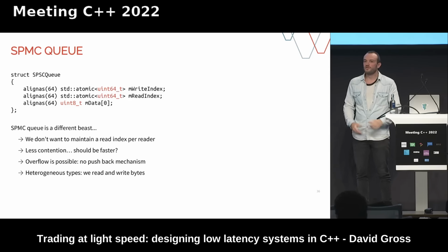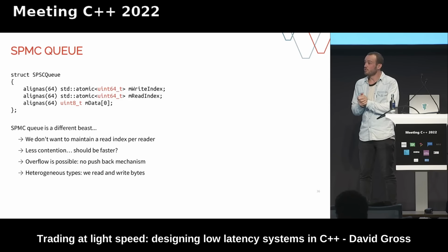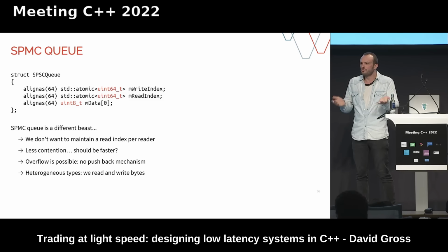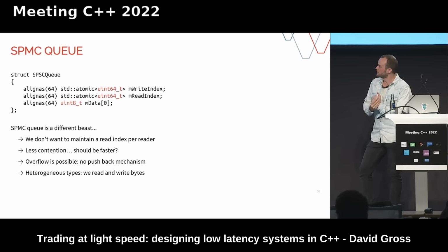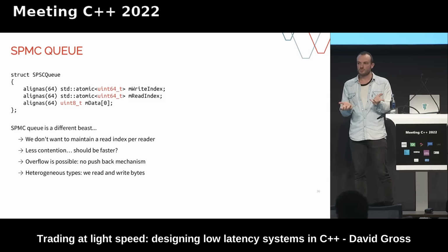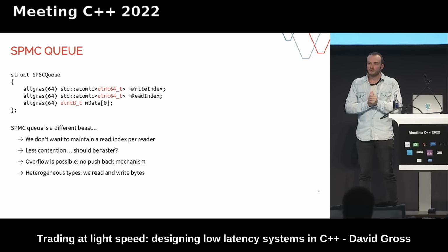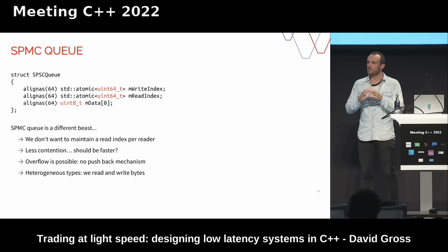Well, we're looking at quite a different beast here, right? We want multi-consumer. And this read index, do we really want to have between 10 or 100 read indices? Actually not really. That's going to scale relatively poorly. And at the same time, this pushback mechanism, do we actually want it? No. We said that we don't want a reader to compromise the writer.